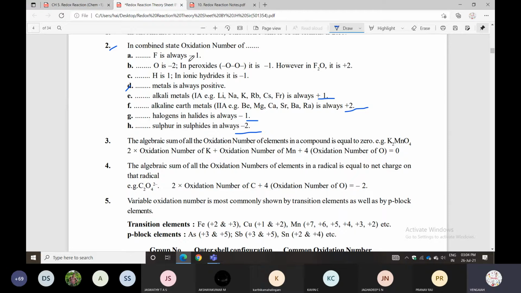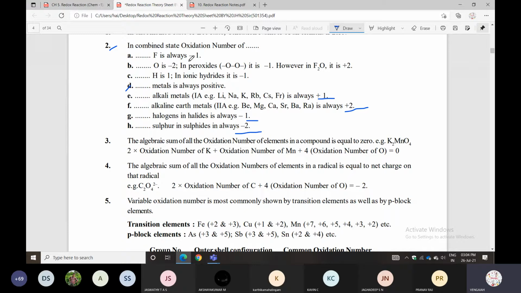Next, the algebraic sum of the oxidation numbers of the elements in a radical is equal to the net charge. It is equal to the charge, like -2, +2.